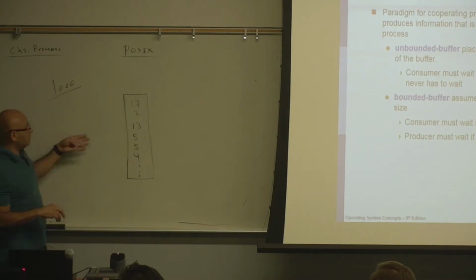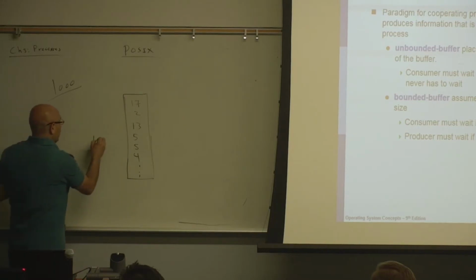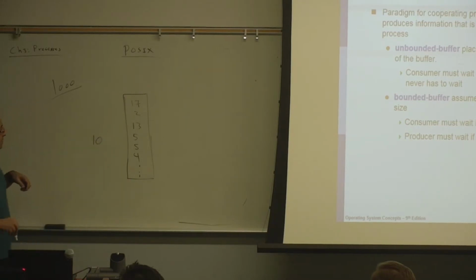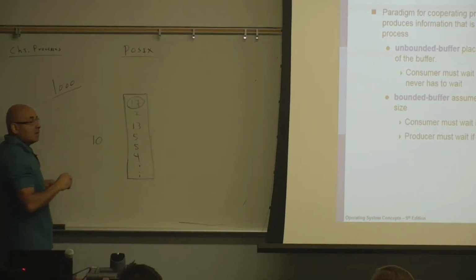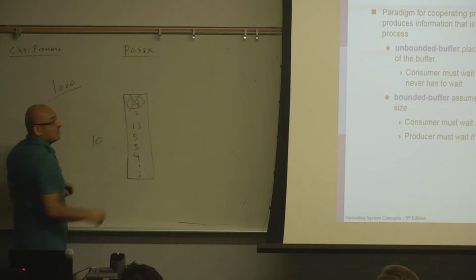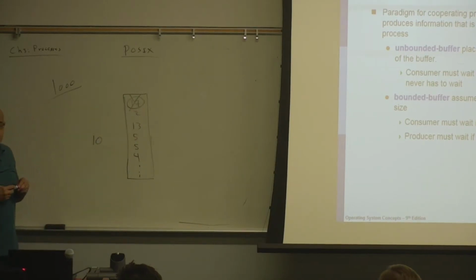A buffer that can fit 10 items may be enough, because the producer is producing and the consumer is running concurrently and consuming the items as they are produced. And whenever an item is consumed by the consumer, we can just reuse this space. So this is the point. It's just space efficiency.